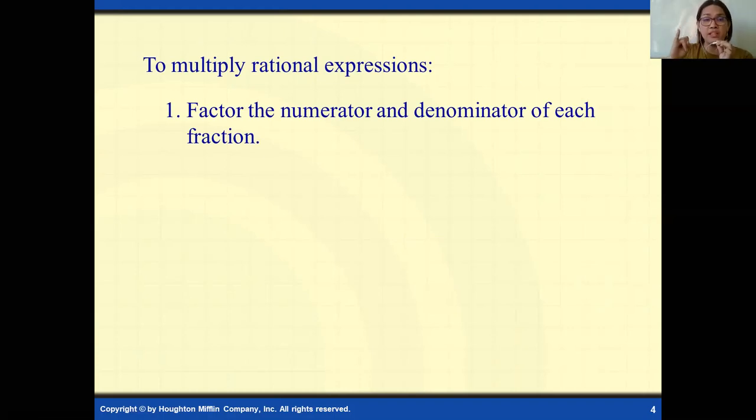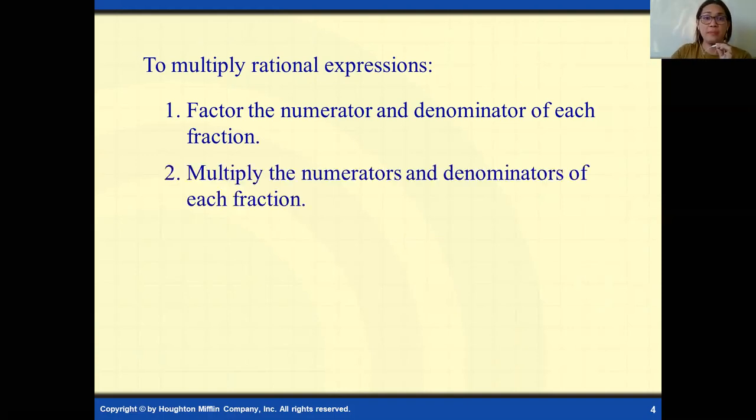First step, make sure that you factor the numerator and denominator of each fraction. Second step, you multiply the numerators and denominators of each fraction. And step number three, you divide by the common factors. This is what I said a while ago.